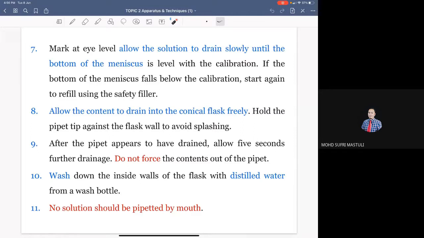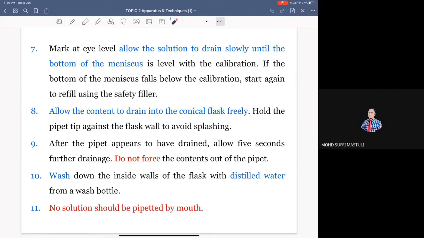Allow the content to drain out into the conical flask freely. We hold the pipette tip against the flask wall to avoid splashing. After the pipette appears to have drained, allow 5 or 10 seconds for further drainage. We do not force the content out of the pipette. Don't blow it out using your mouth.